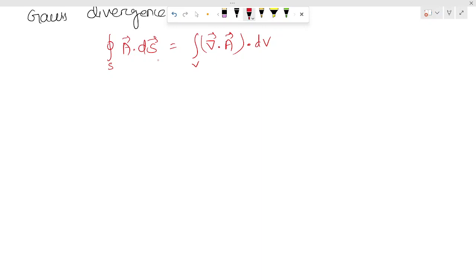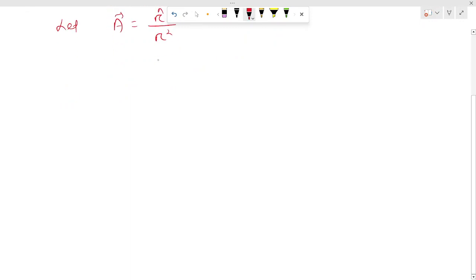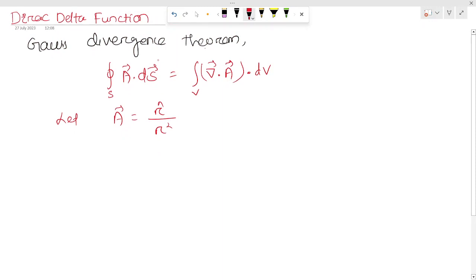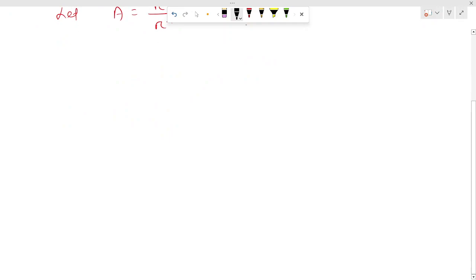Let the vector A be equal to r cap upon r square. Give the LHS of the equation equation number 1. The LHS is equal to the integration over A dot dS.